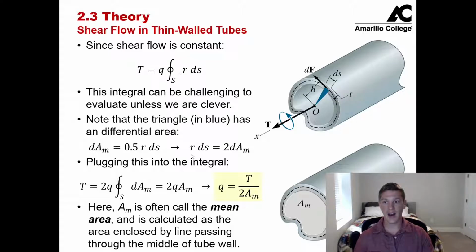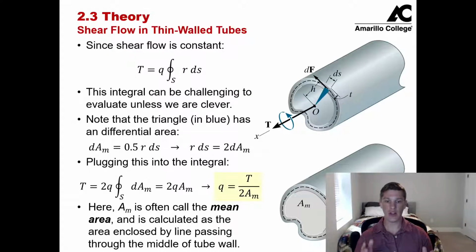If we define this to be some differential area in the blue triangle, it has the area of a triangle, which is 1/2 times the radius times this ds. That's just 1/2 base times height. We can then multiply both sides by 2 to move the 1/2 to the other side of the equation, and we get that r ds is equal to 2 times this differential area here.